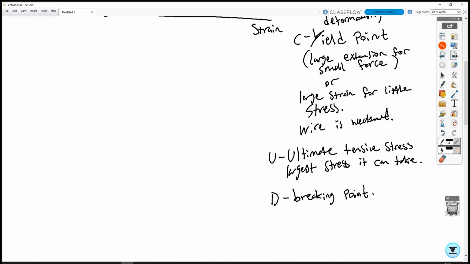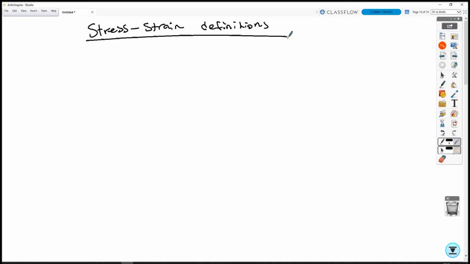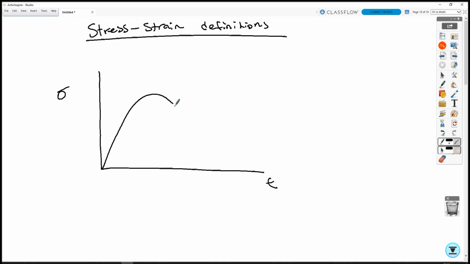All right, start a new page. Stress strain definitions. So we're going to do yet another stress strain graph. But we're going to draw 3 different ones.